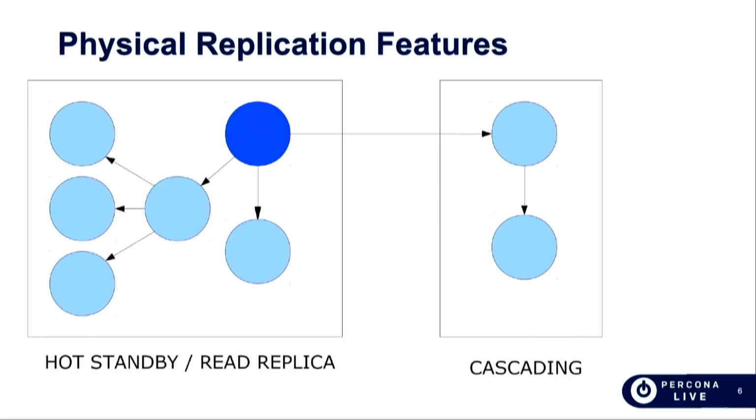On the left, you can see one thing that people do frequently, which is to use both the cascading feature and the read replica feature to create a server farm that can allow you to do read scalability on your applications.